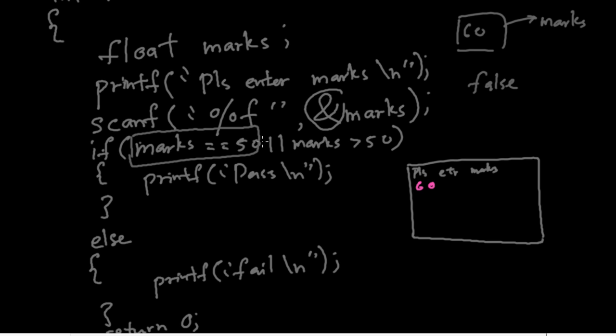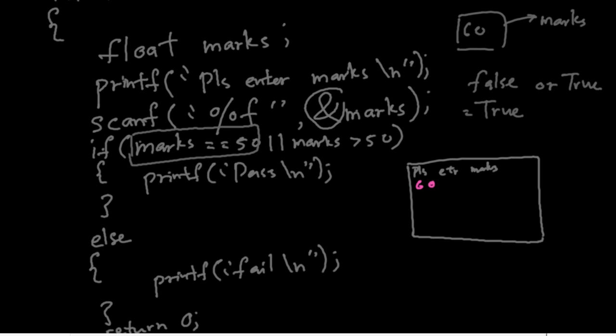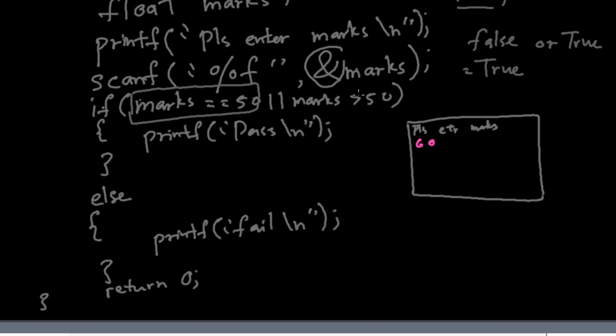And remember we have an or over here: or marks is greater than 50. Is 60 greater than 50? True. False or true is equal to true. There we have it. It satisfies the condition that the programmer has set, and it enters in here, printf a pass, and that's it.